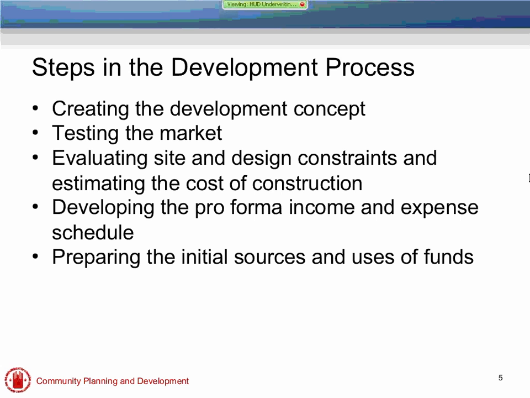And there's also older programs out there that are either not working anymore, or there might just be general hesitancy of lenders in the current marketplace. So just keep in mind that preparing your initial sources and uses of funds, those may change as time goes on.